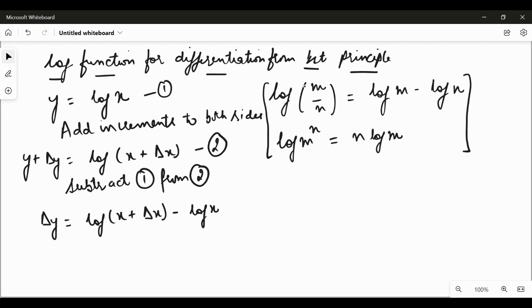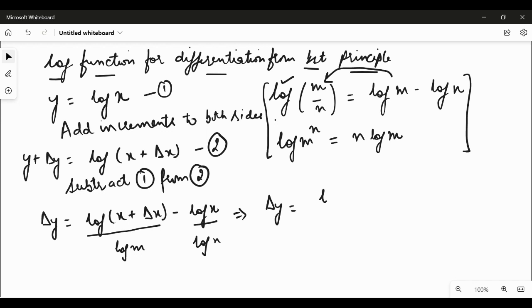The next step is that we will apply this property, where log of m by n is equal to log of m minus log of n. We can see here this is log of m and this is log of n. So I will switch from this formula to the m by n formula.